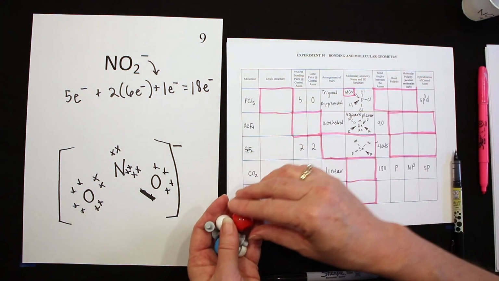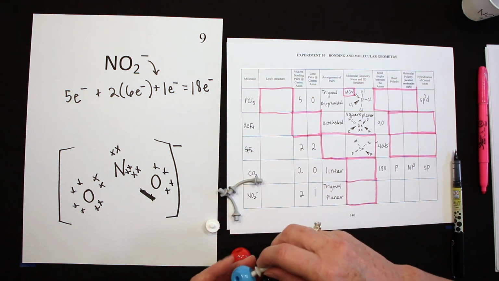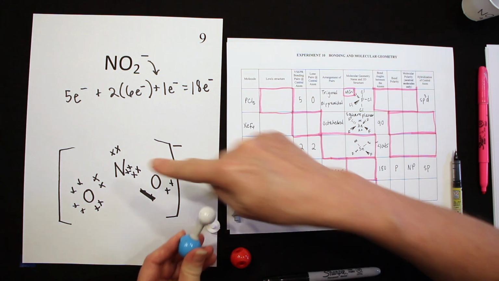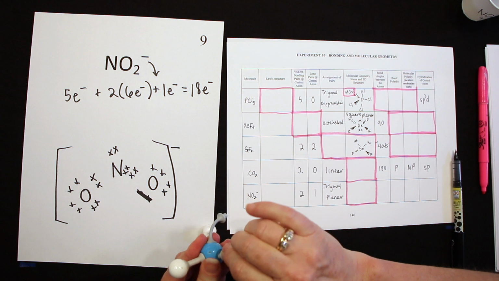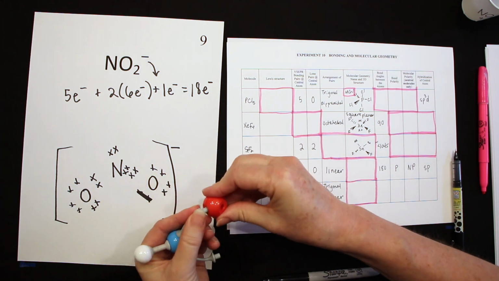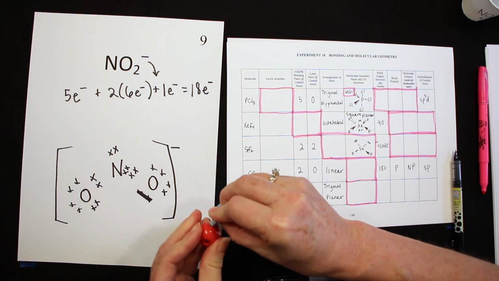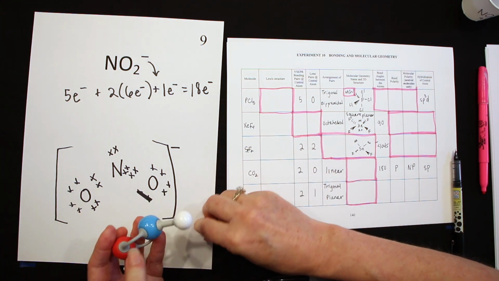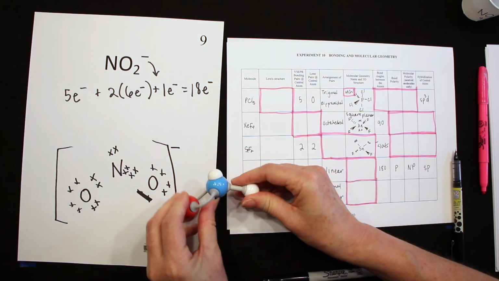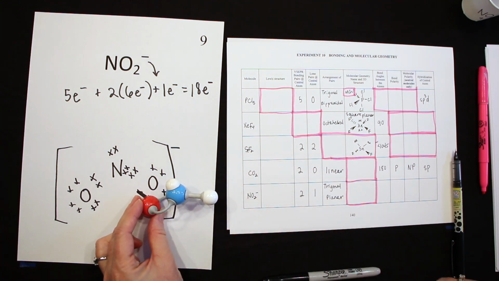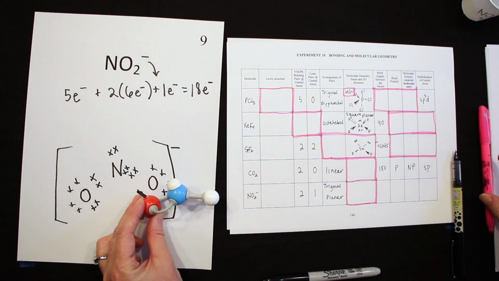And let's build it. Here's my single bonded oxygen. Here's my doubly bonded oxygen. And here is my lone pair. I'll let you determine the bond angle between the atoms.